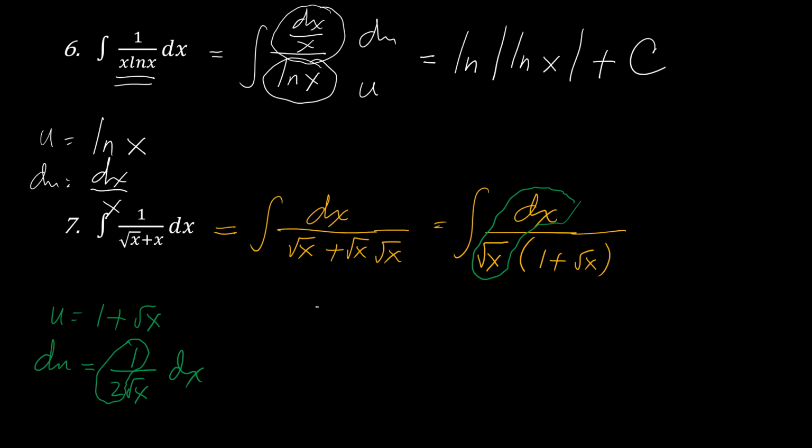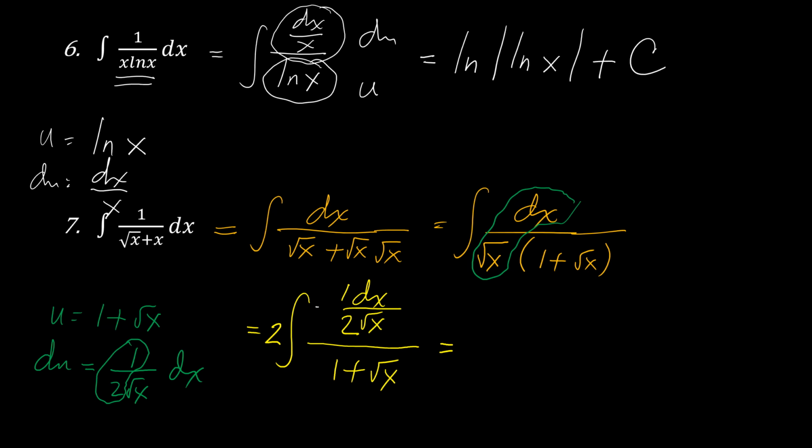So let us write this now as the integral of dx over square root of x over 1 plus square root of x. And we introduce 1/2. Alright? Now, introducing 1/2 will change our integrand, so let us multiply it by its reciprocal, which is 2.